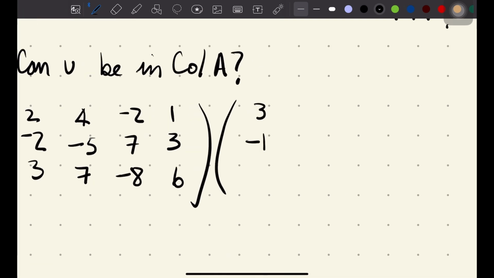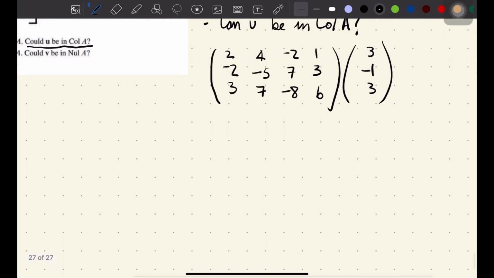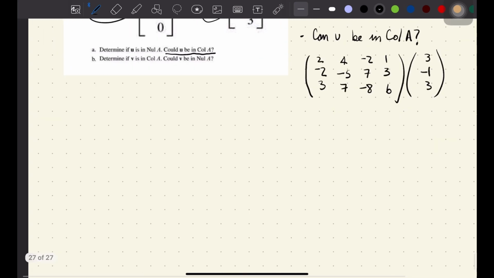I'm pretty sure you can find software online to help you understand how row reduction works.